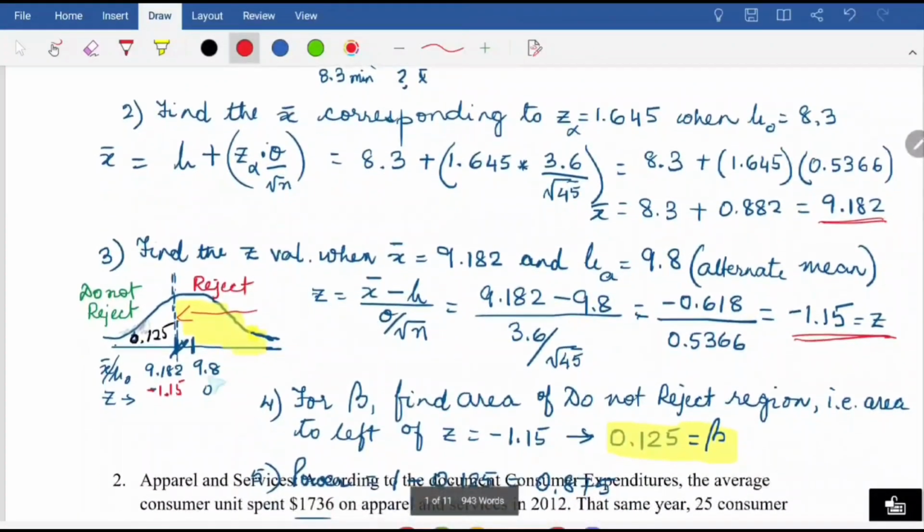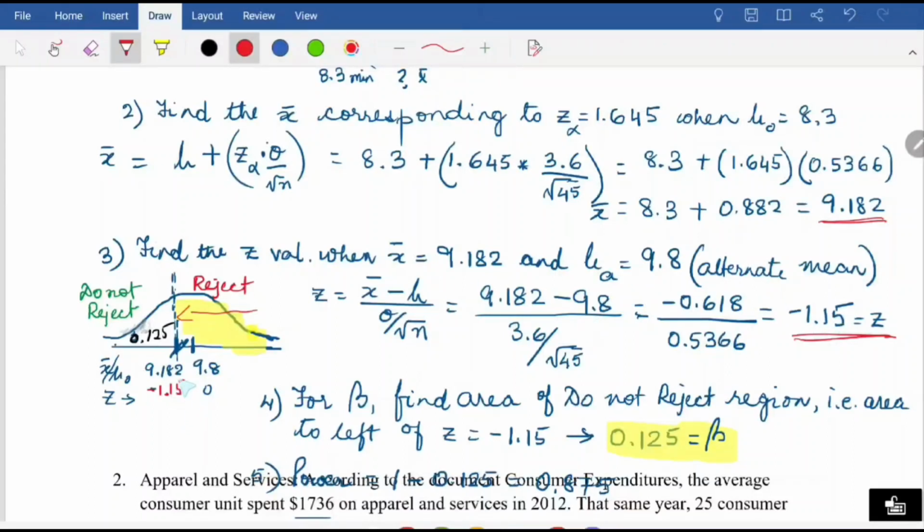When we replace the null hypothesis mean with 9.8, an alternate mean, then the whole diagram gets rescaled. What was the critical value before now becomes negative 1.15, based on this calculation here.